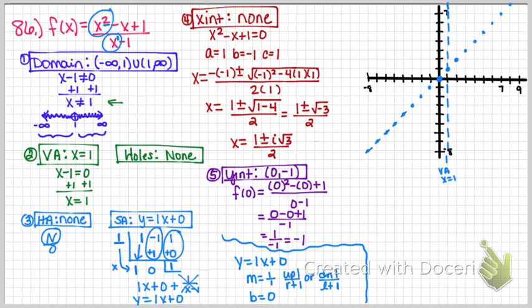So I'm going to make all my little points dashes. Everybody okay with that? Then if we keep going, we don't have any x-intercepts, but we have a y-intercept at negative 1.